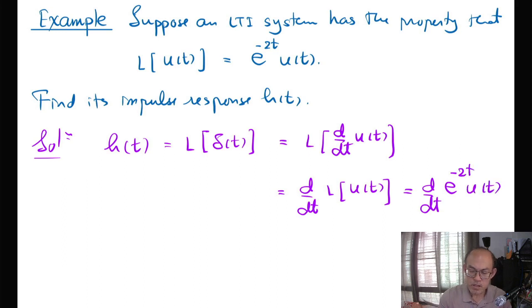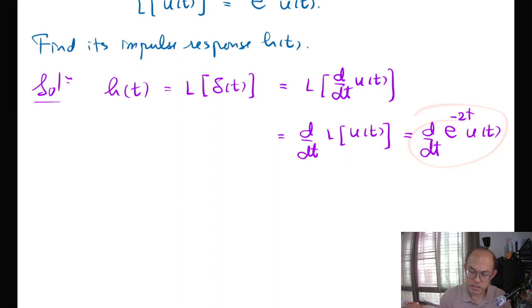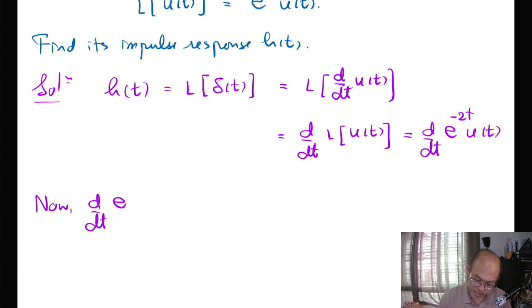Now let's do this derivative. I hope you still remember how to do it. There are two parts in this differentiation. The first part is e to the minus 2t, and the second part is u of t.